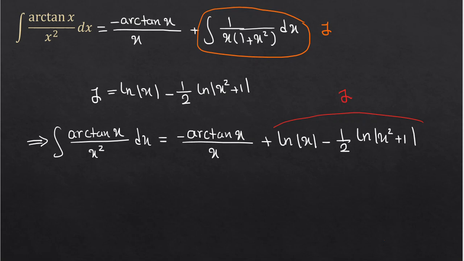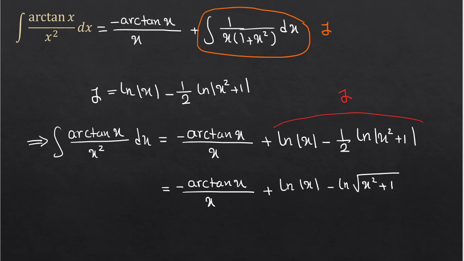Now I can simplify the second and third expressions, so it's going to be minus arctan x over x plus ln of x minus ln of the square root of x squared plus 1.